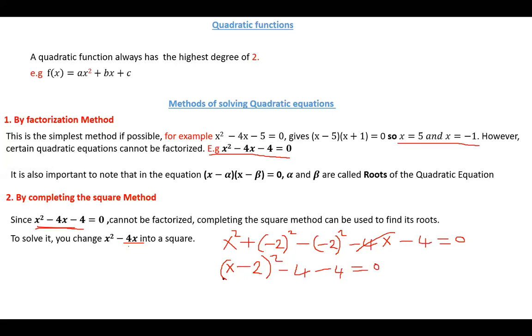So what do you do there now? Say x minus 2 squared minus 8 is equal to 0. So you take this negative 8 to the other side of the equal sign.